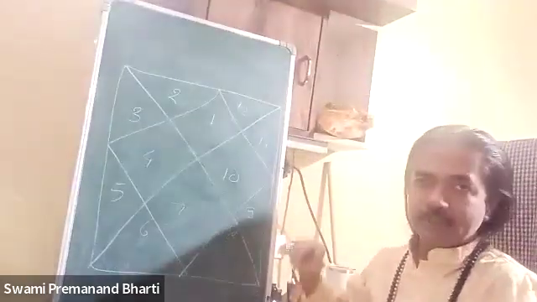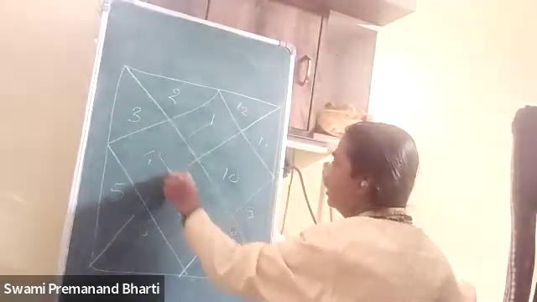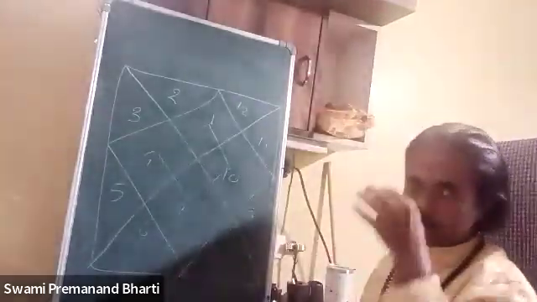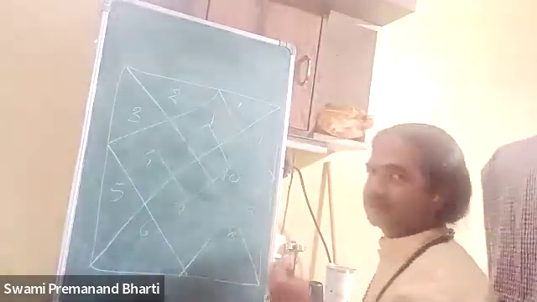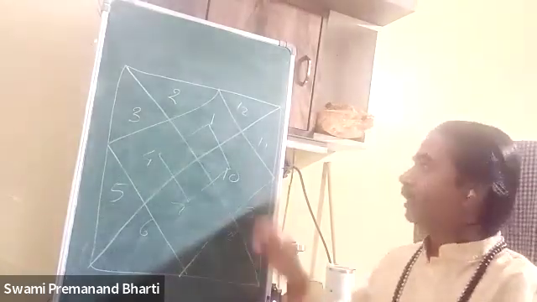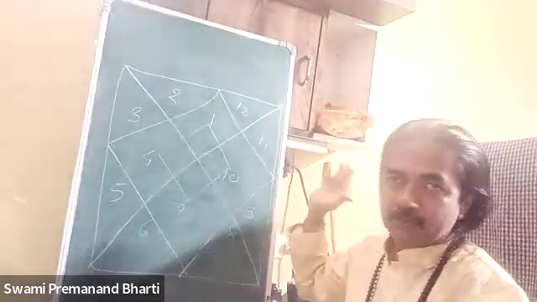Now, the first major category is the Kendra houses. Kendra means central. Kendra means central houses. So first house, fourth house, seventh house, 10th house.